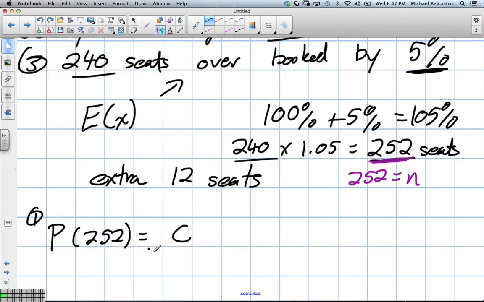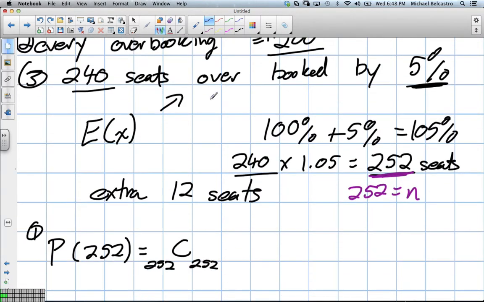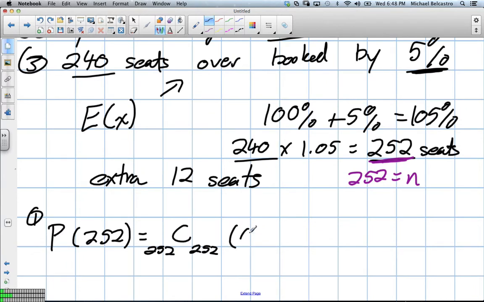Well, we have 252 choose 252, the probability of 252 people actually showing up. The probability of people showing up is 95%, so our success rate is 0.95 to the power of 252 successes, and our failure rate, people not showing up, is 0.05 to the power of 0. That's our first formula.